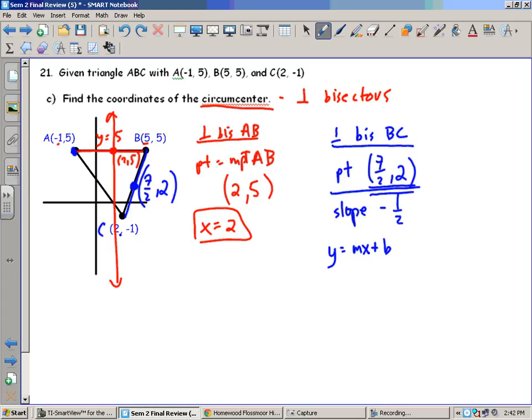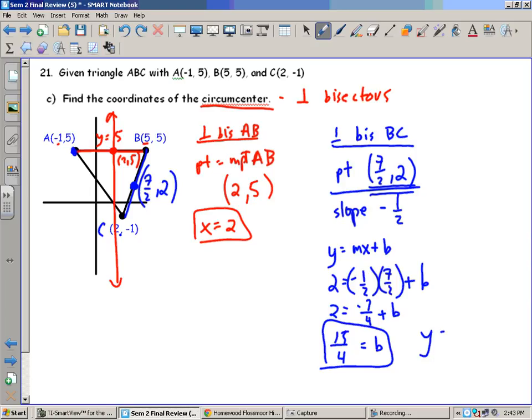So therefore I'm going to just do y equals 2, m equals -1/2, 7 halves is x, plus b. So this becomes -7 over 4 plus b. B ends up being, this is like 8 over 4, so 15 over 4 is b. So the equation is y equals -1/2 x plus 15 over 4.